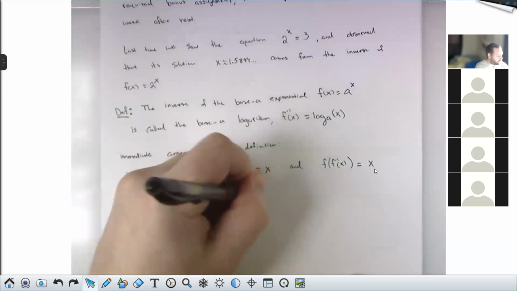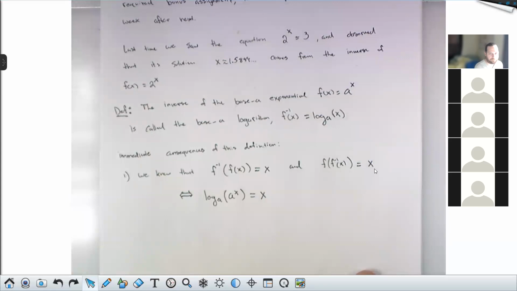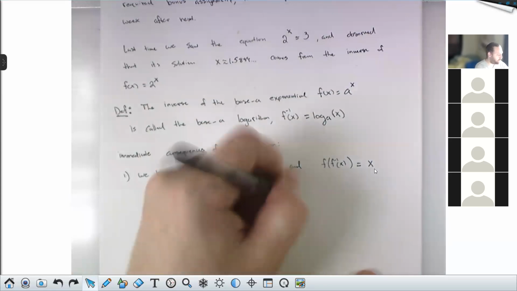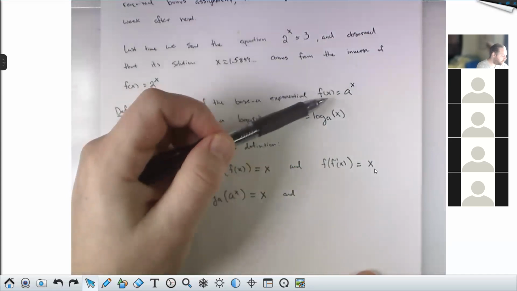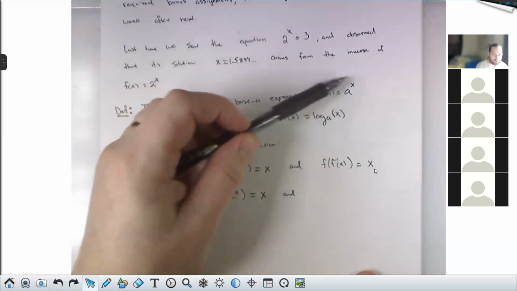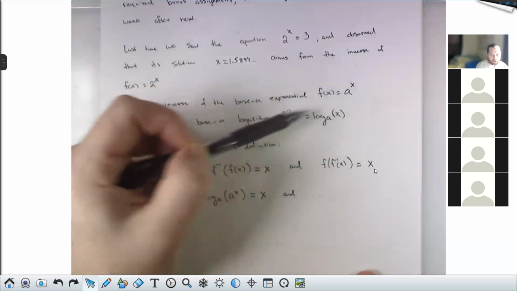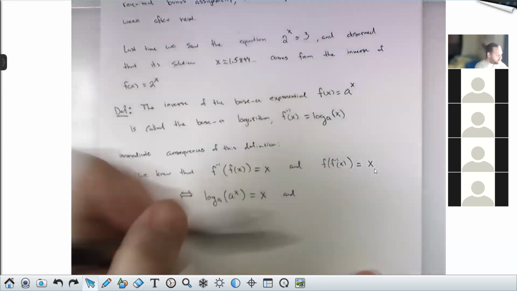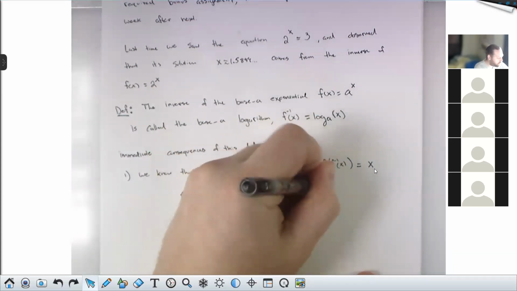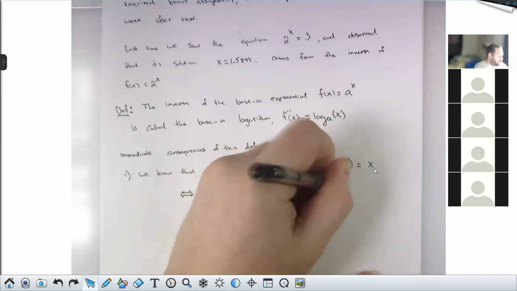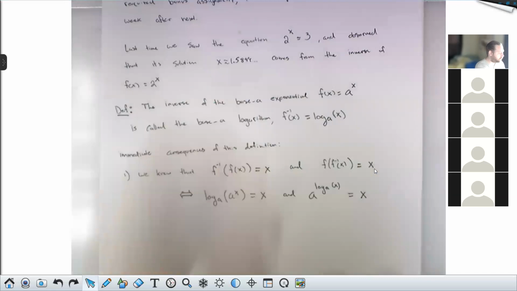And because they are inverses, this will always simplify to x. And if we compose the other way, if I take the original function f, and I plug this thing in for x, then that should also simplify to x. So this means that a raised to the log base A of x should also always simplify to x.